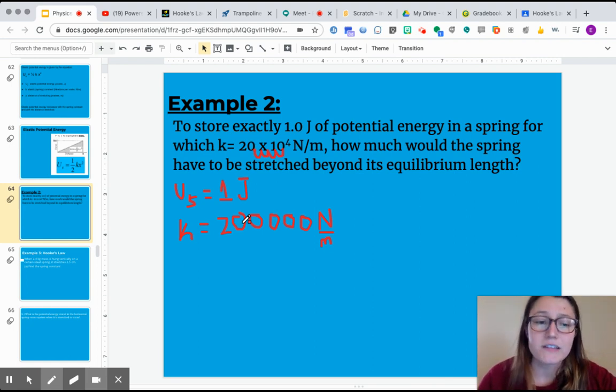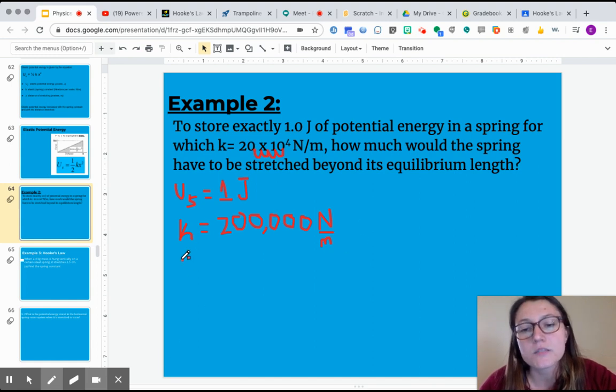So a very, very large spring constant, 200,000 newtons per meter to be exact. How much would the spring need to be stretched beyond its equilibrium length? So we're looking for x, our stretch distance.